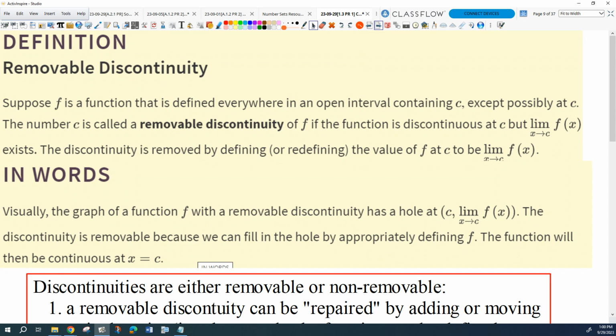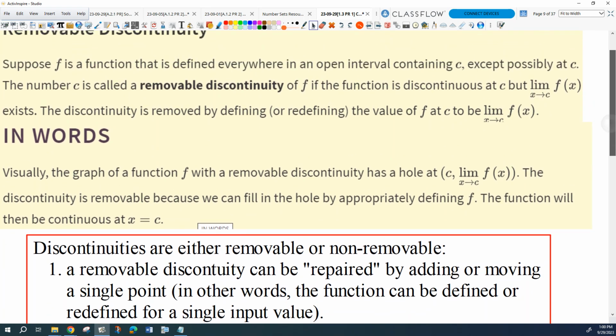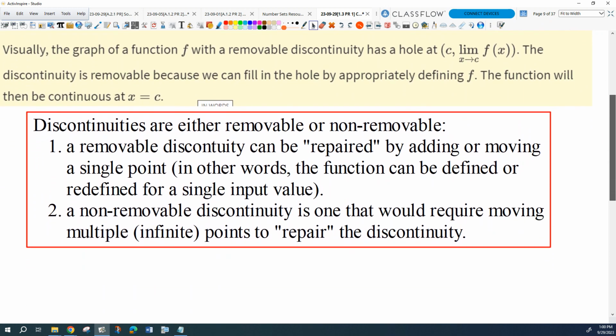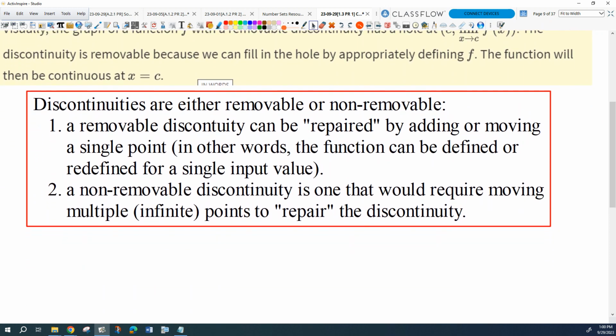Well, a removable discontinuity is one where the function can be repaired by moving or defining just one single point. All I've got to do is tweak one point and I fix the entire function, right? A non-removable discontinuity is the other kind. Non-removable discontinuities would require moving an infinite number of points to repair the discontinuity. Removable, a single point will do the job.